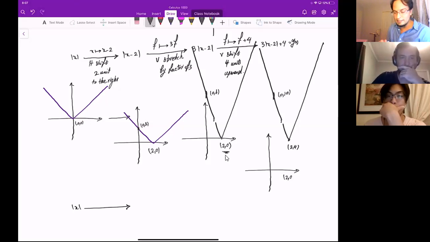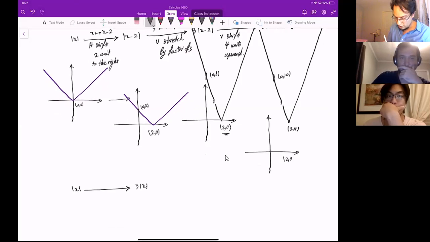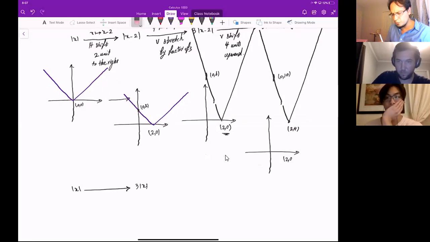Yes, the point is that to go from this to that, I need to multiply the whole function by, oh, by the way, for this one, it won't change anything.